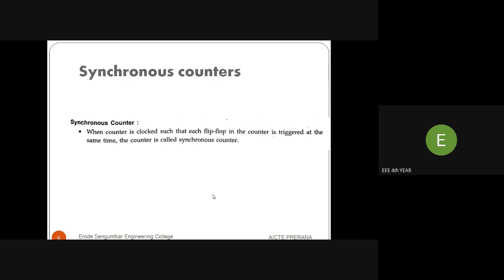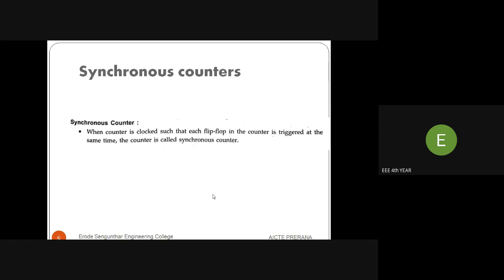The term synchronized means connecting at the same time: data is uploaded and downloaded at the same time, synchronized between your device and the cloud. That is known as synchronous. Likewise, synchronous means all the flip-flops are clocked simultaneously.